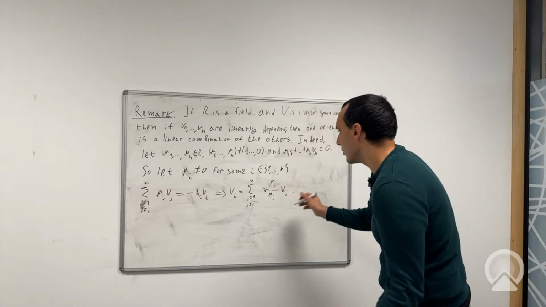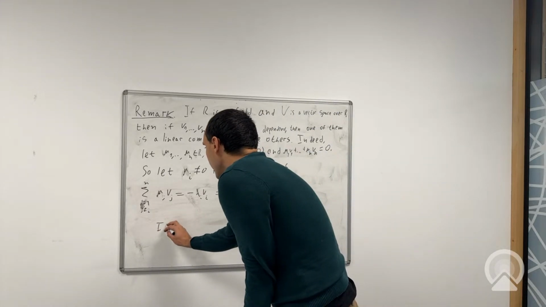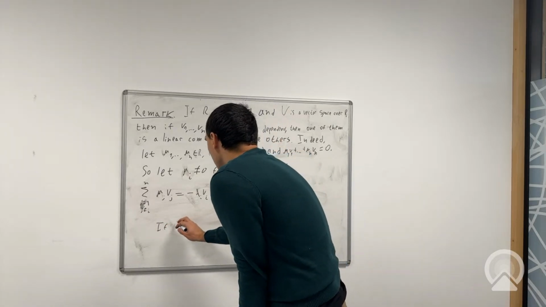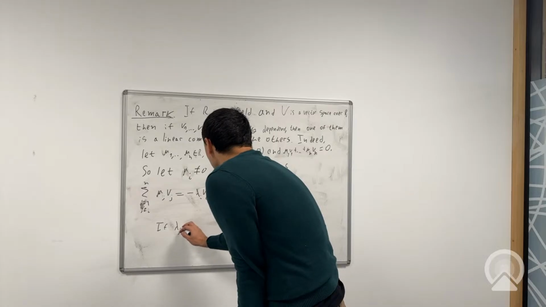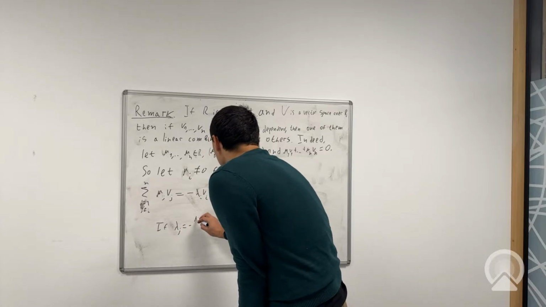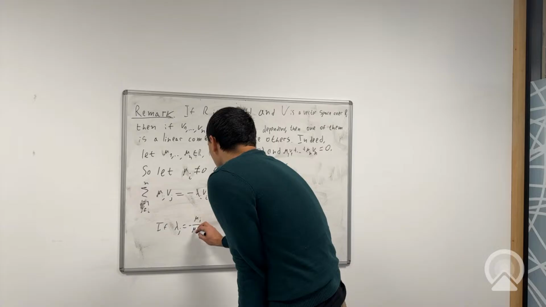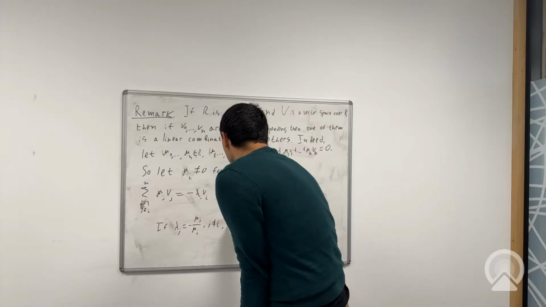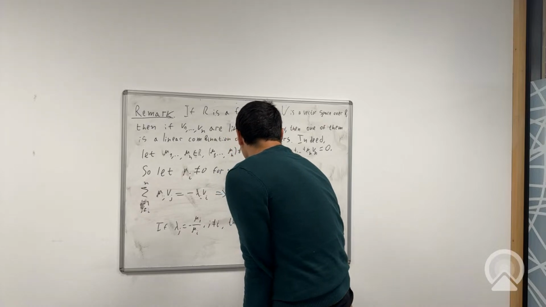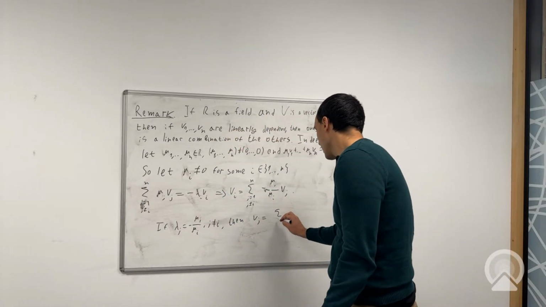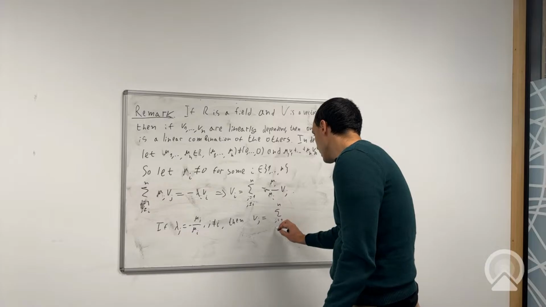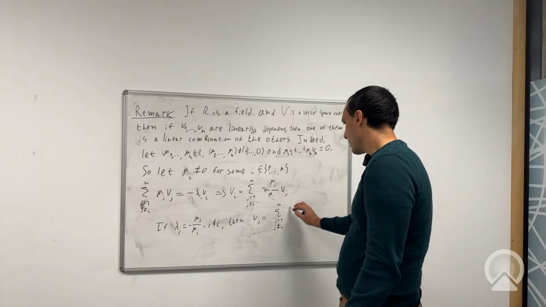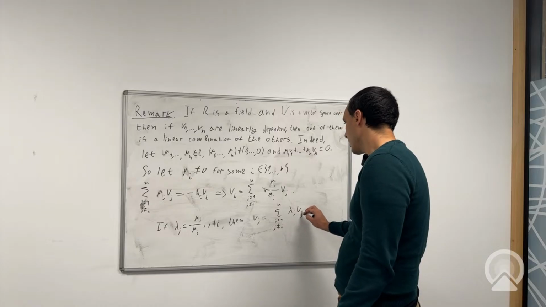So if we define lambda j equals minus mu j over mu i for j different than i, then we have vi is the linear combination, j from 1 to n, j not equal to i, of lambda j vj.